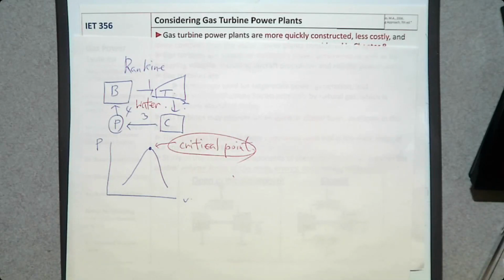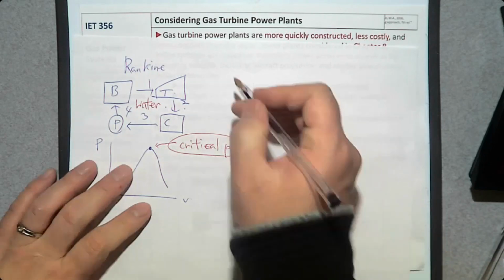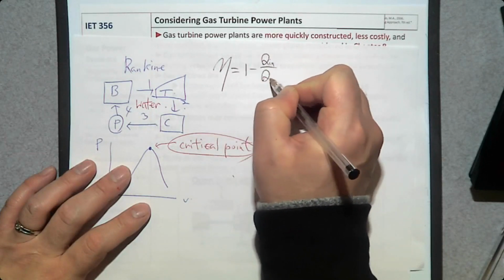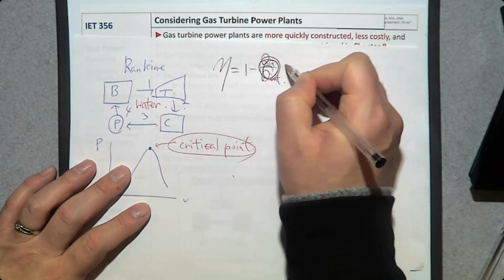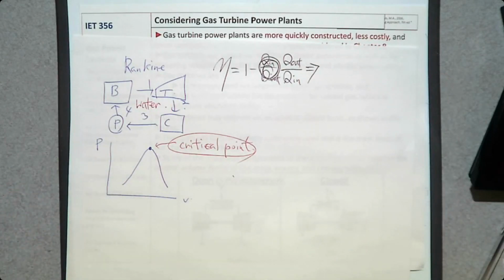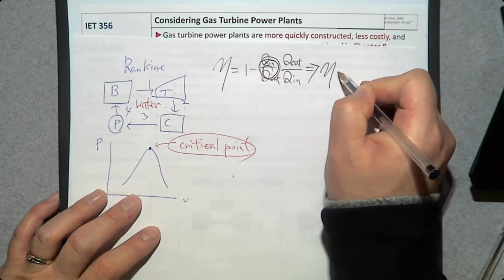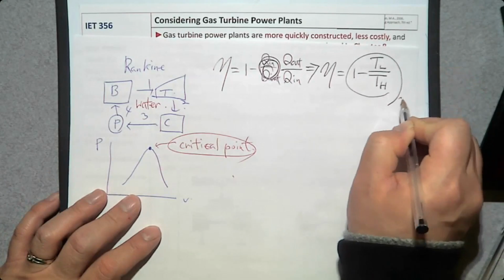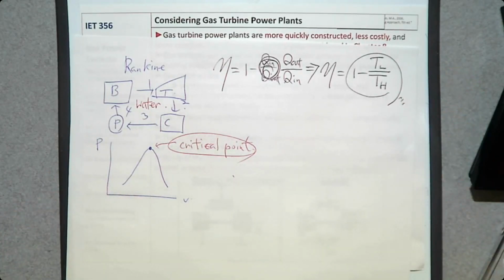If you remember the heat engine, how do we determine heat engine efficiency? The efficiency is 1 minus Q out over Q in, or the other way, 1 minus Q_L over Q_H. What is the ideal efficiency? The Carnot efficiency can be determined by 1 minus TL over TH. So this is a simple way to determine the thermal efficiency. So what is TL?